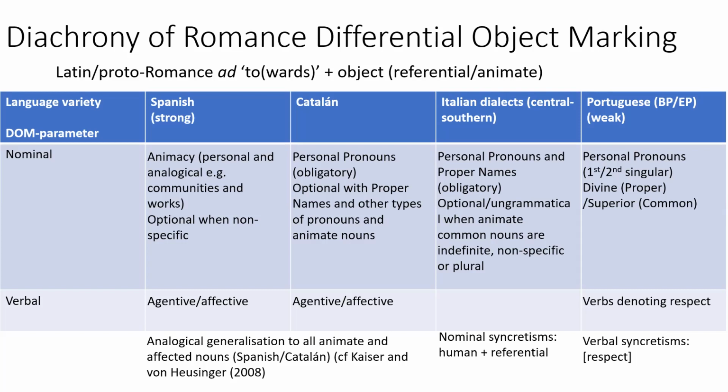They've shown that there is a gradual expansion in the number and type of verbs that select a. So this narrative seems to show that language contact really plays a role in the Iberian varieties such as Spanish and Catalan. So language contact comes in here, whereas nominal and verbal syncretisms seem to be rooted in Proto-Romance and Latin. Thank you very much.